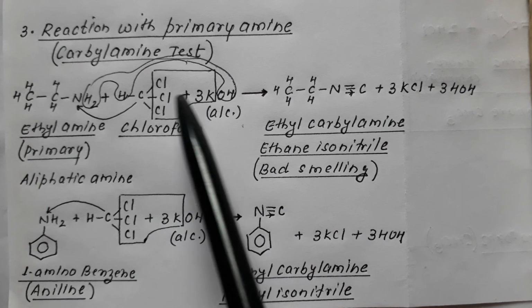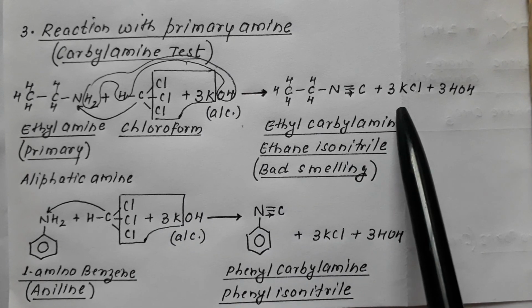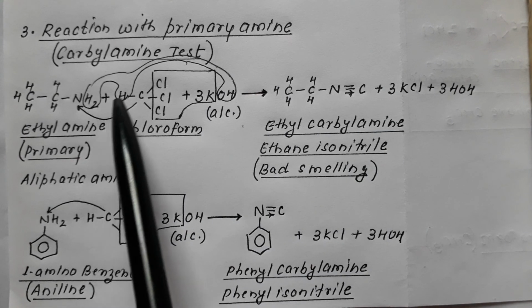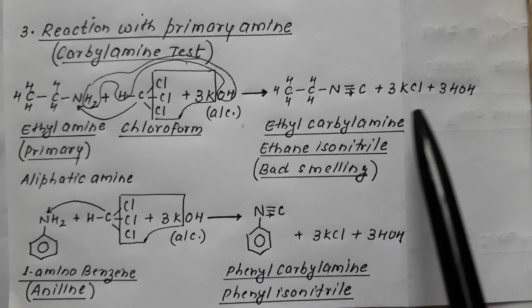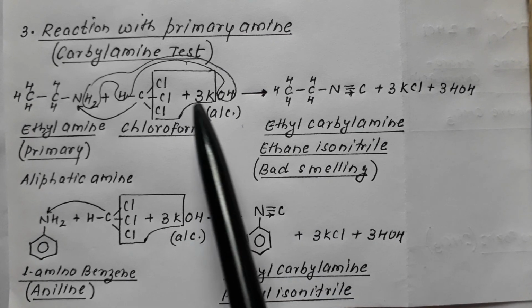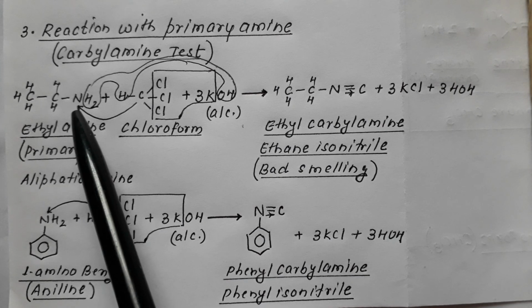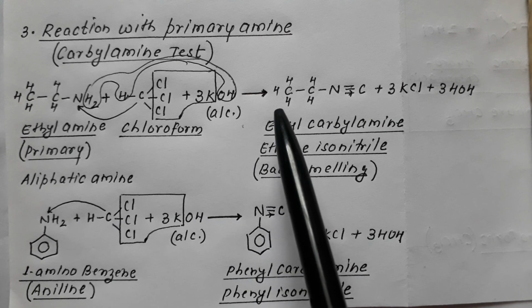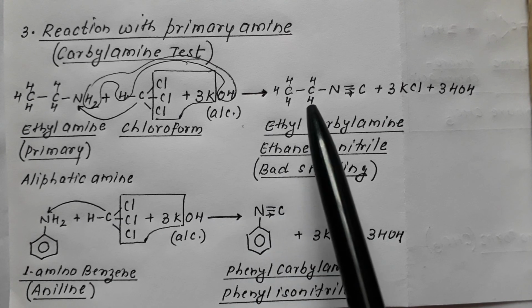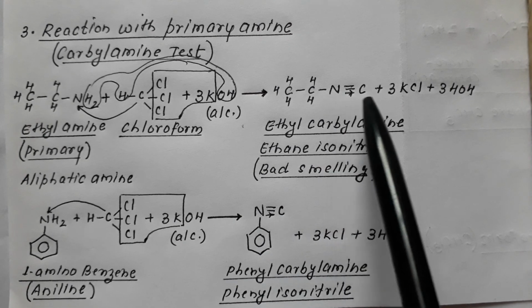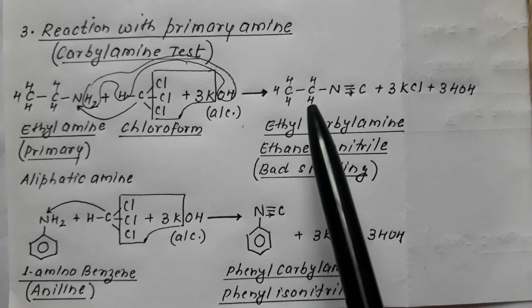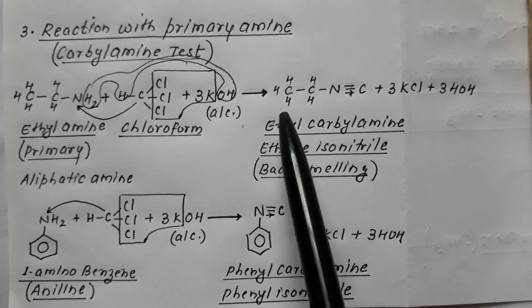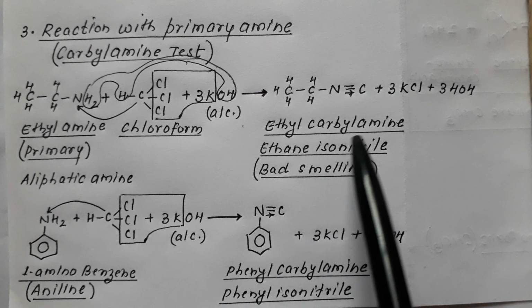So 3K and 3Cl go in the form of 3KCl, and 2 and 1, 3H and 3OH go in the form of 3HOH, and this carbon gets attached to the nitrogen, resulting in the formation of CH3, CH2 and triple bond C. This is ethyl carbylamine.